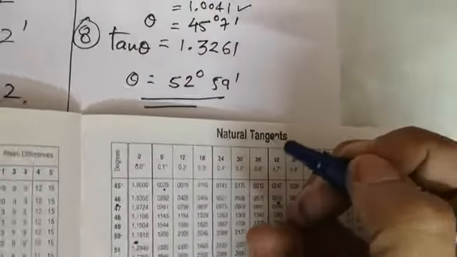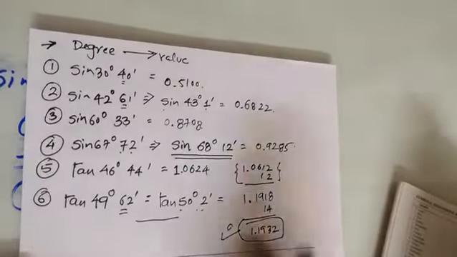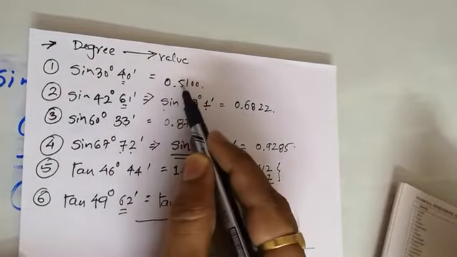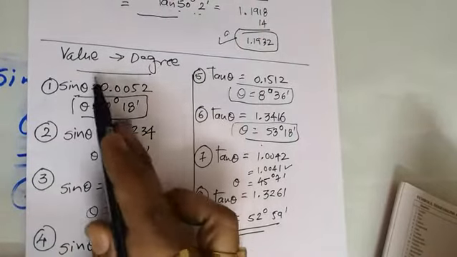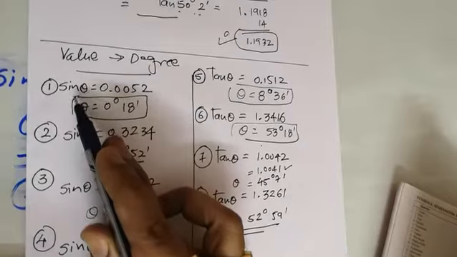So after learning, you have two methods in front of you. First of all, degree to value. It means that the degree is directly available to you and you have just found its value. And another method is called value to degree. So you have just values and you have to find out degrees.